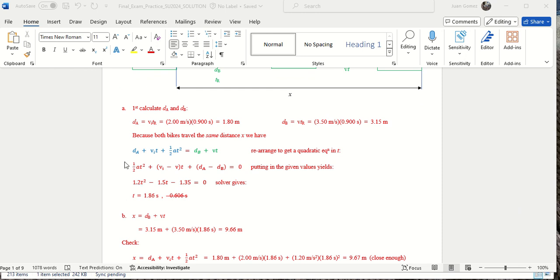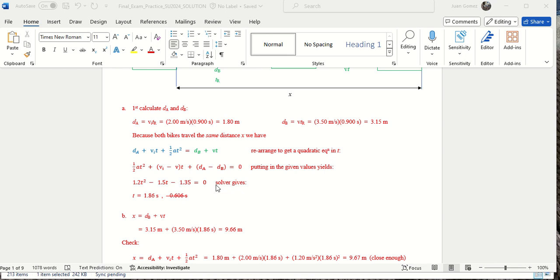And right here, you get 1/2 at squared plus parentheses vi minus v times t plus parentheses dA minus dB equals 0. Now we know a, we know vi, we know v, we know dA, we know dB. Put in the values and you get your three coefficients for the quadratic equation. You get 1.2 t squared minus 1.5 t minus 1.35 equals 0.